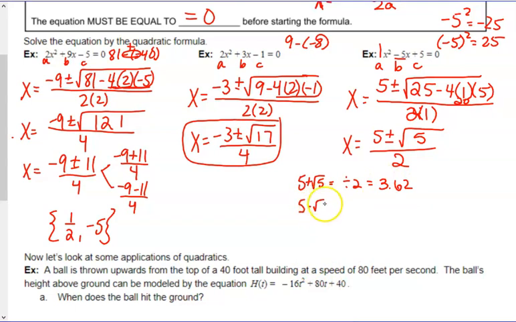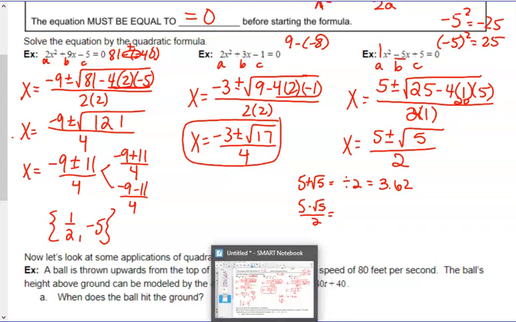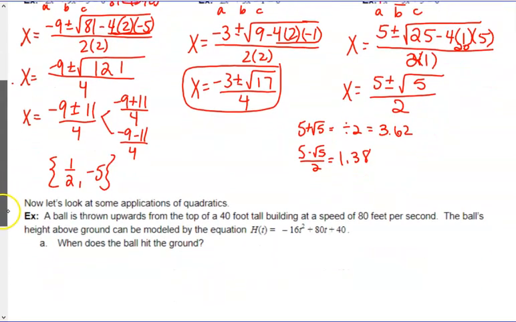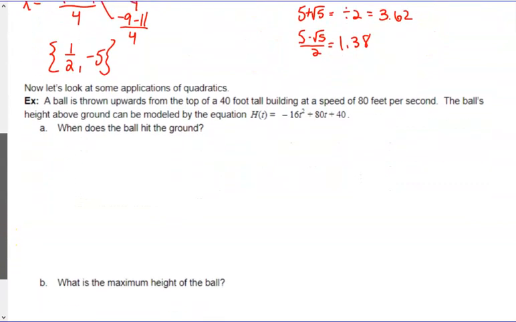And 5 minus root 5, hit equals, all over 2 ends up getting you, I'm trying to do it right now, 1.38 if you were to round that. So you might want to pause for a minute and double check so that you can get a decimal correctly on your calculator. If you have questions, please let me know.